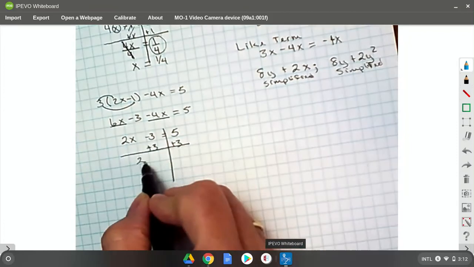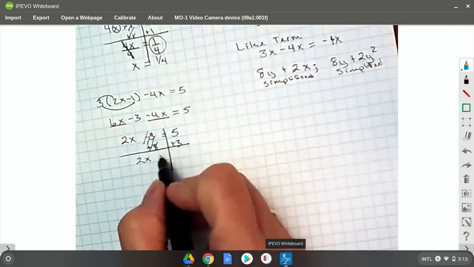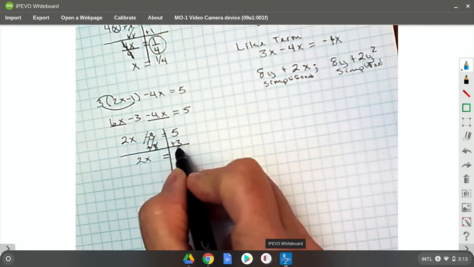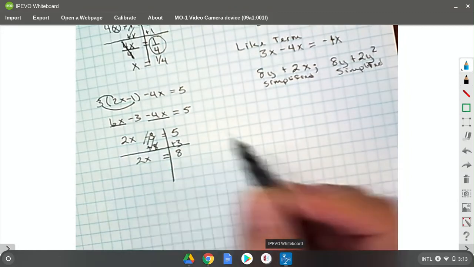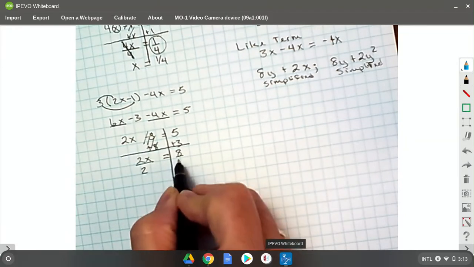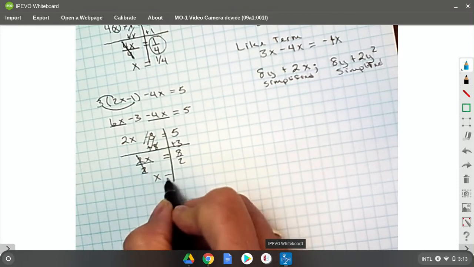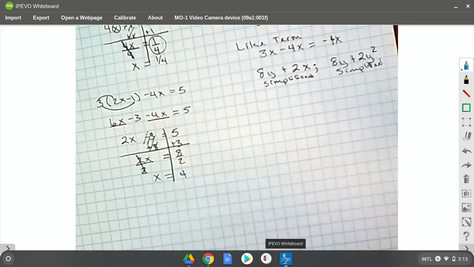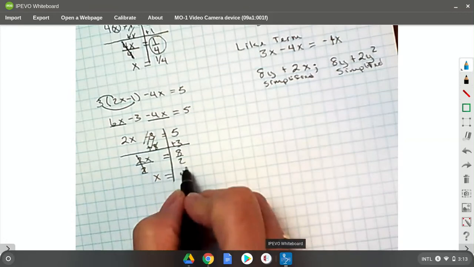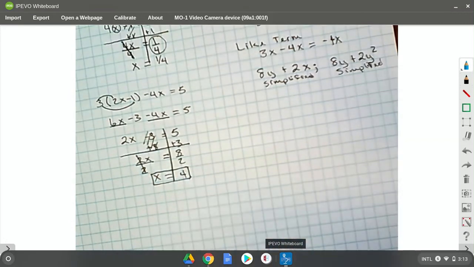Bringing down my 2x. Those 3's get canceled. And 5 plus 3 gives me an 8. 2 times x, so I'm going to divide by 2. And that leaves me with x alone and a 4 on here. So my answer is x is equal to 4. Okay.